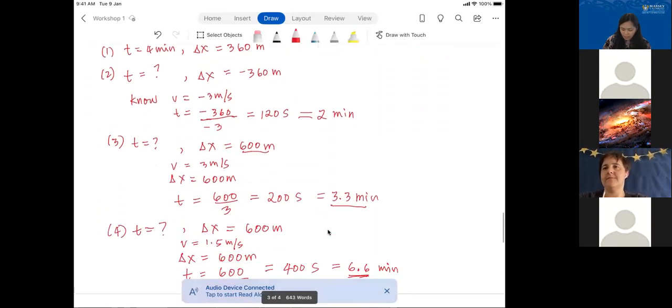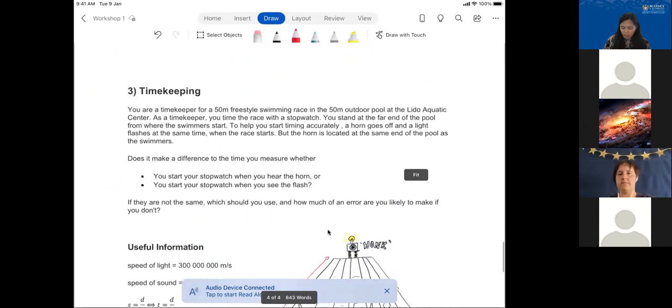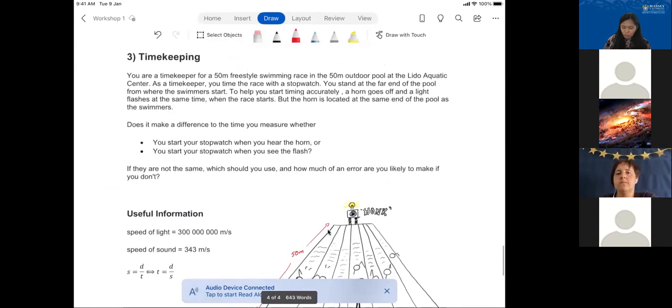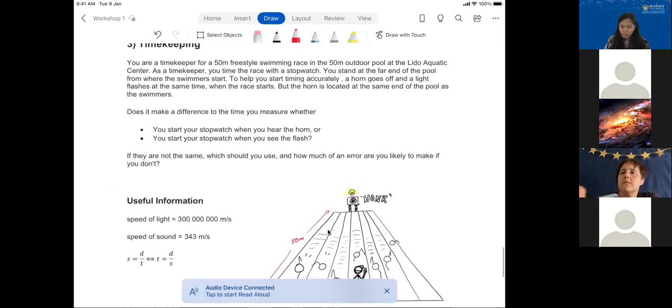It's 11 o'clock, and maybe some of you have a class or something. We haven't had the chance to go through the timekeeping question. I'll probably give some guidance, and then I'll let you work through this question. The answers will be posted on stream, and we can go through this in the review workshop as well.